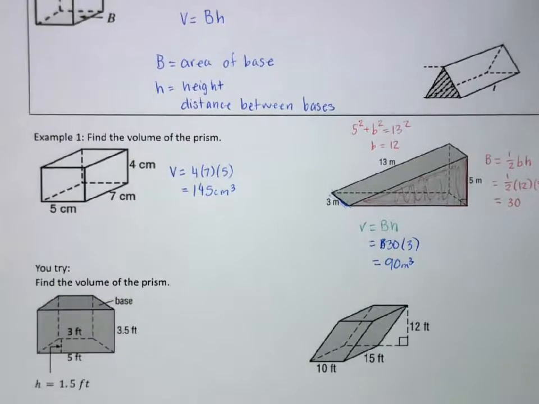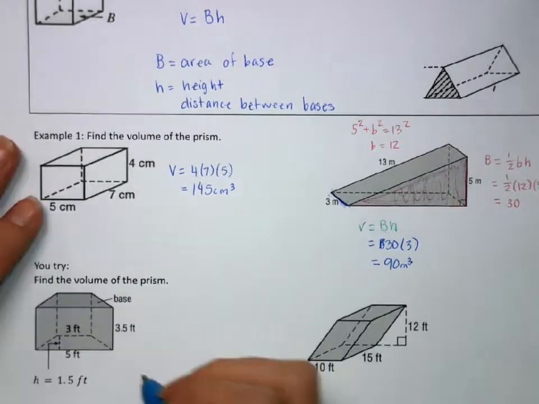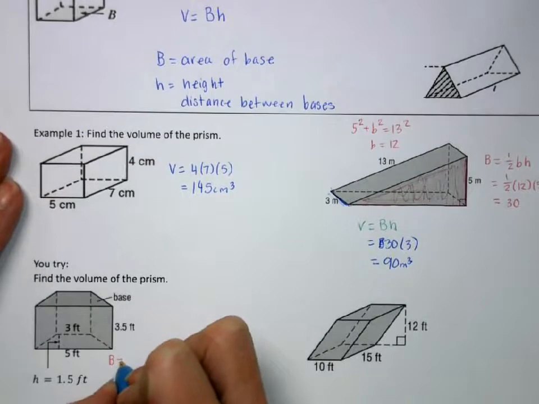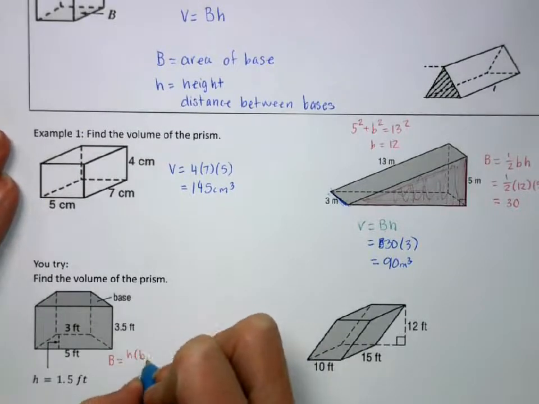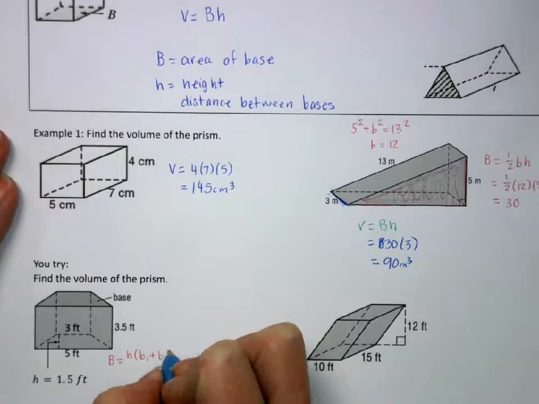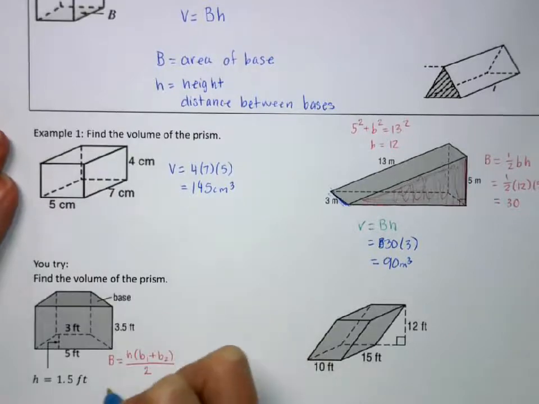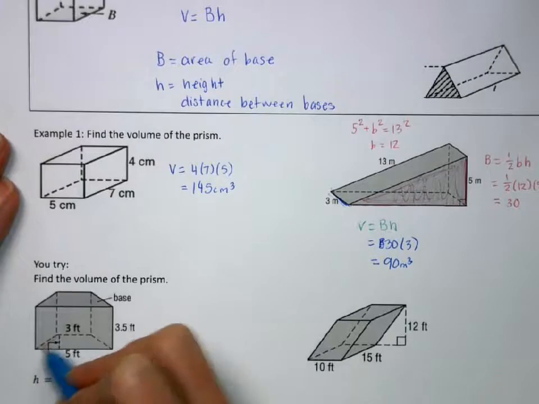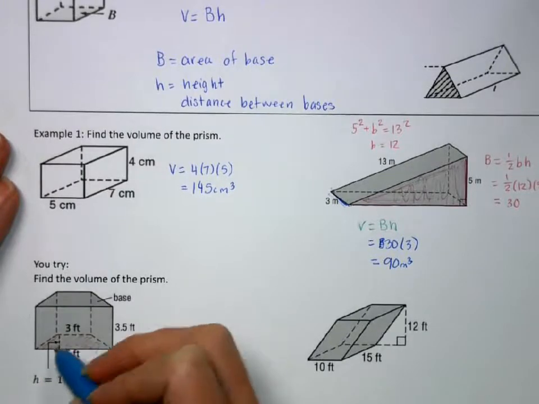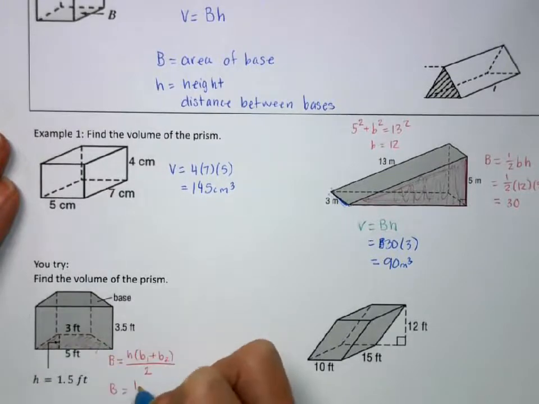For this one, the base is a trapezoid, which is going to be the height times the sum of the bases divided by 2. The height of the trapezoid, so we're just looking at this shape here, is going to be 1.5.